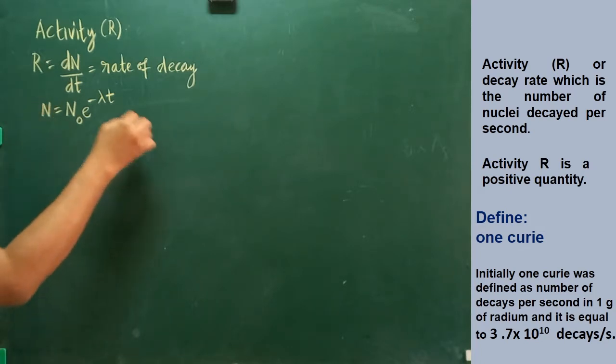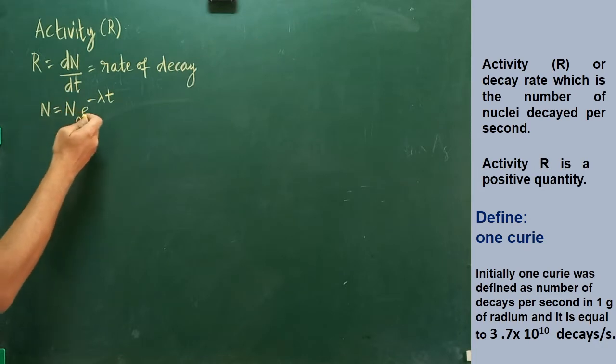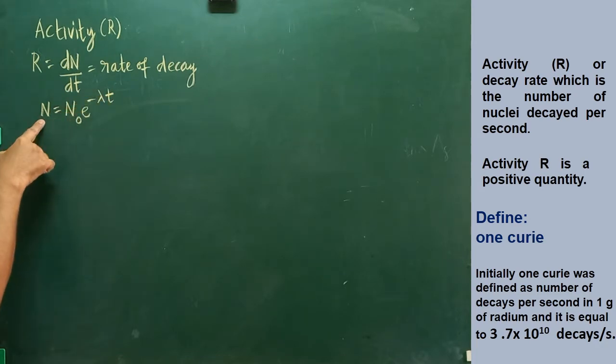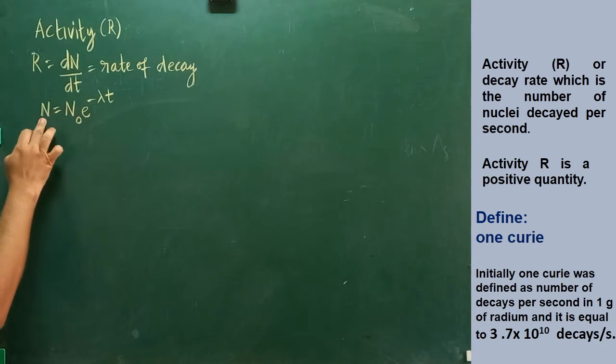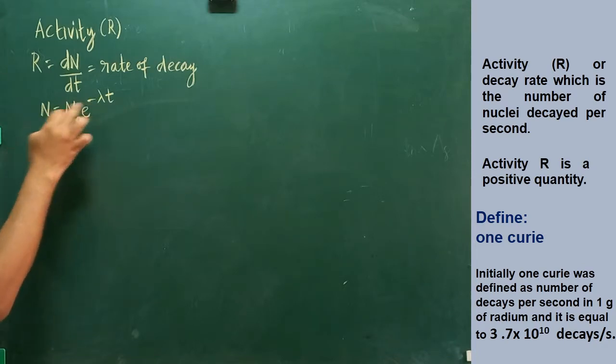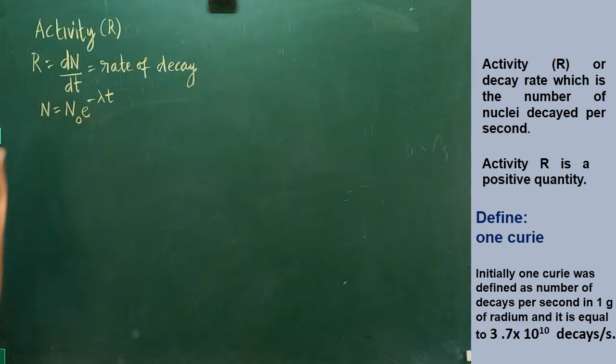We know very well that N is the number of undecayed radioactive nuclei present at any instant, and it can be calculated using this expression. So we know the basic fundamental expression. Now, using this expression, we are going to get another expression for R.